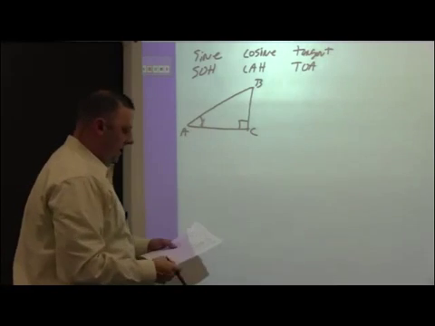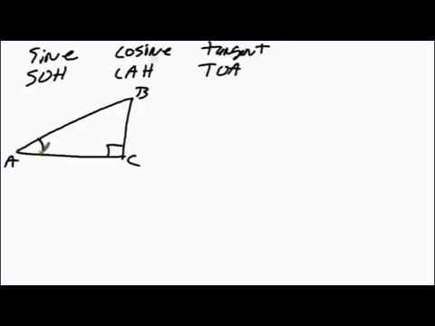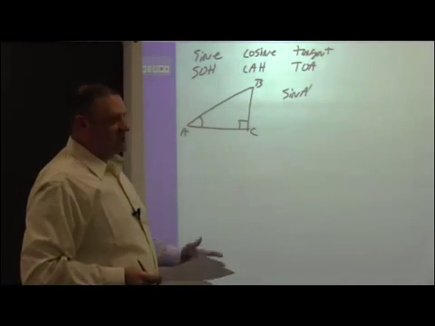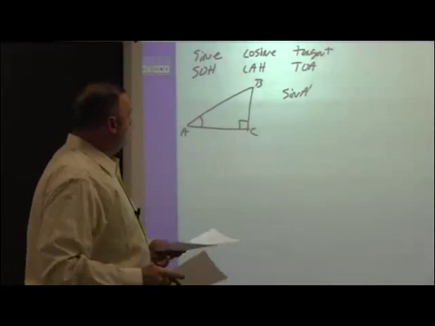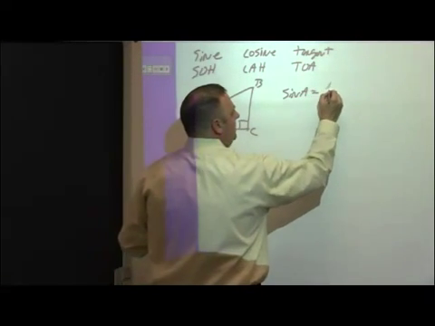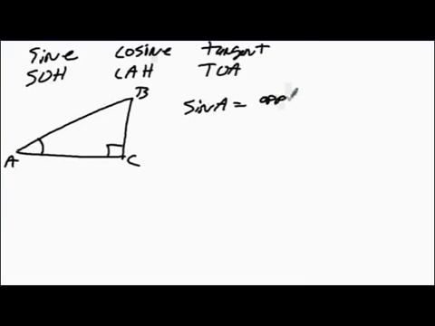Let's look at angle A. If we wanted to find the sine of angle A. Now you notice that I'm not writing sine with an E. It's just an abbreviation of sine. Sine of angle A, well, that's going to be the opposite side of angle A over the hypotenuse.